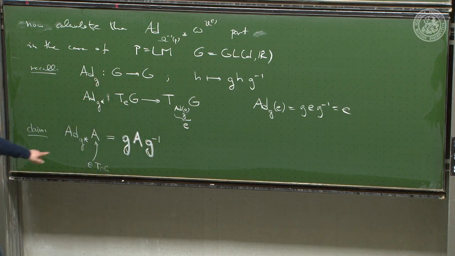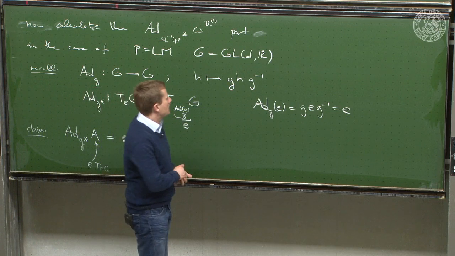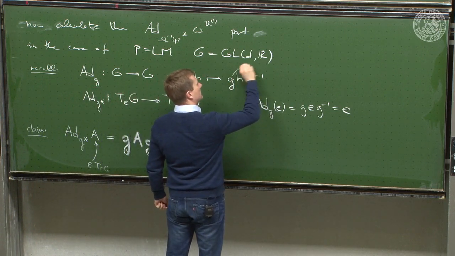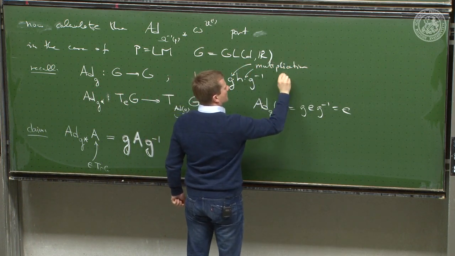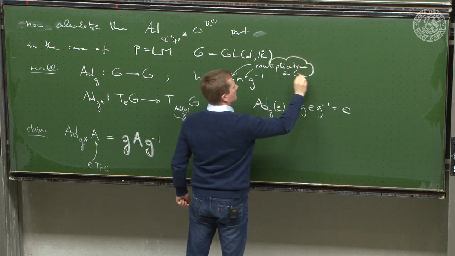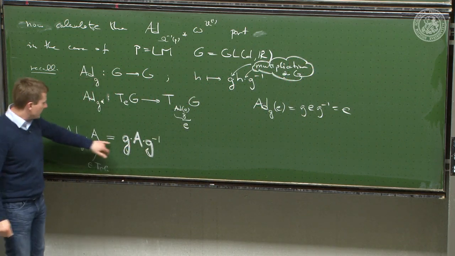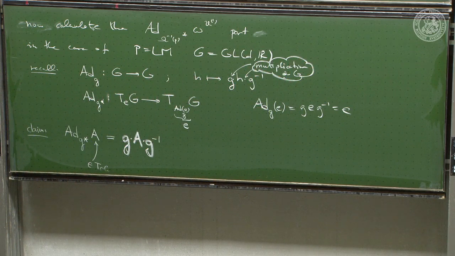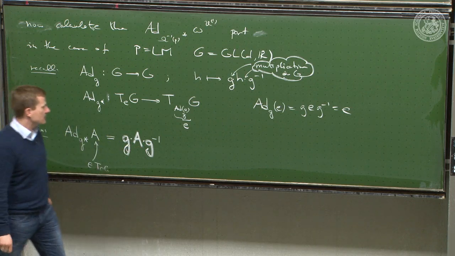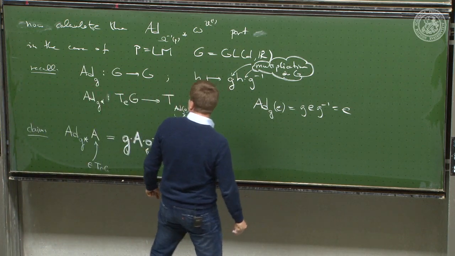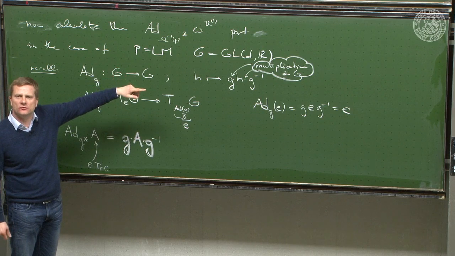That sounds terribly similar to this one, but the point is here, this is the group multiplication in or on G, whereas here it's matrix multiplication, and I used the fact that both the group and its algebra can be represented by matrices. It seems surprising that this happens like this, but it's not so surprising because you remember that a tangent vector is the derivative to a curve in the group.